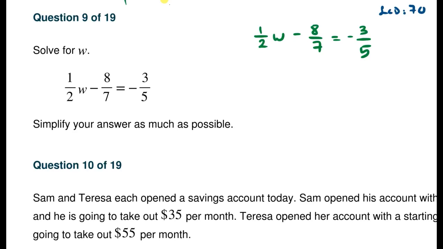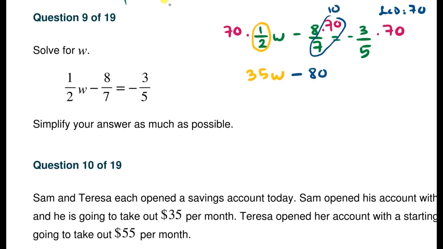Okay, the goal of doing this is you can divide them out and get rid of the denominator. 70 times 1/2 is just like 70 divided by 2, which gives you 35w. Okay, and minus 70 divided by 7, that gives me 10, times 8, that will give me 80.